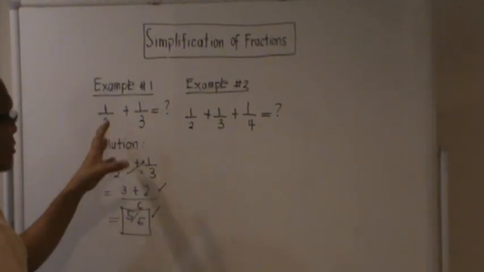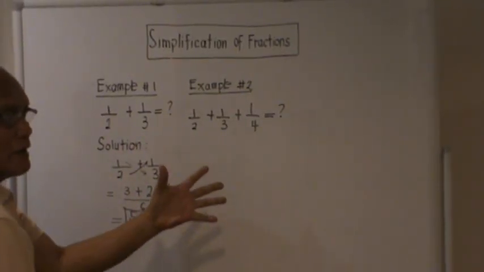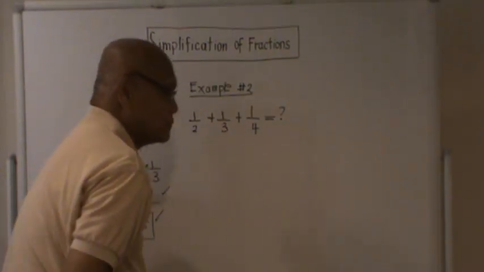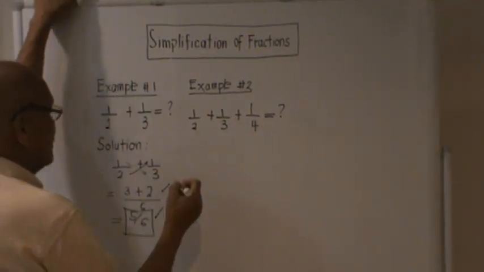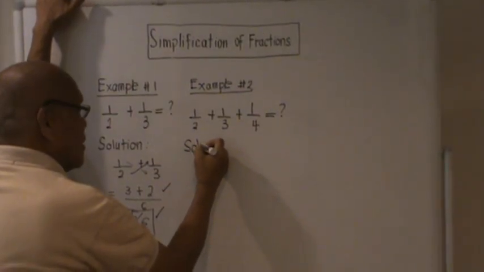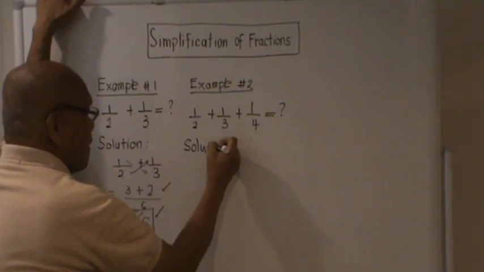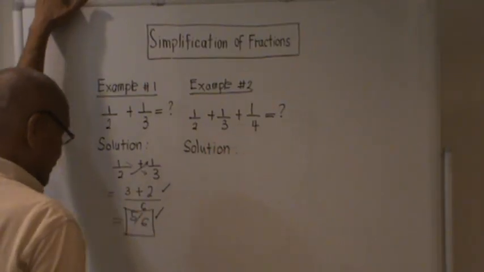Could we still use the concept on example number 1? I think we can still do it. If we try to follow the concept of example number 1, the solution will be something like this. Okay?